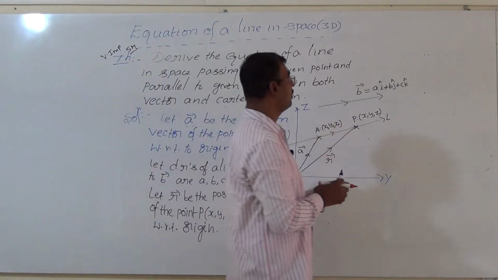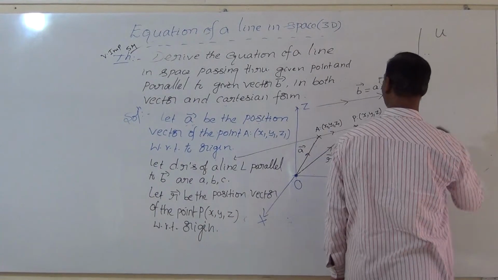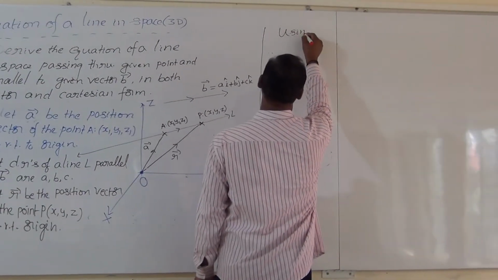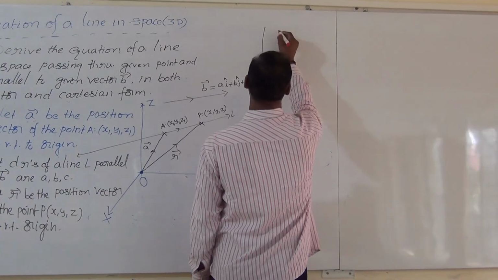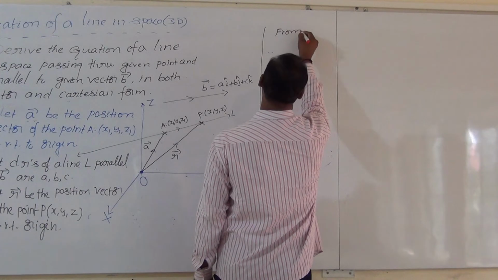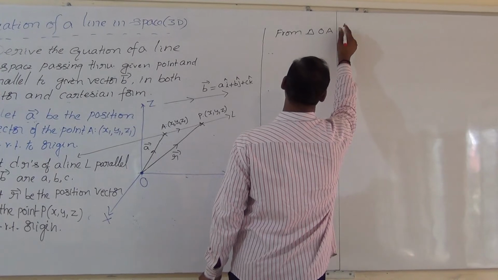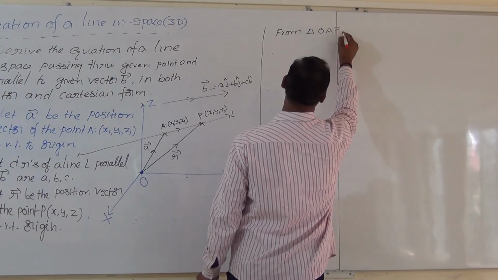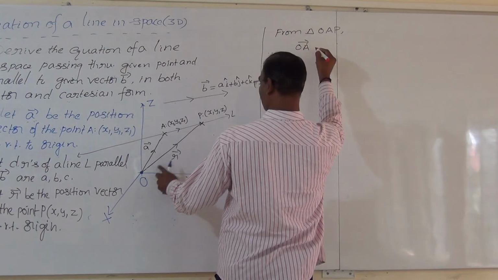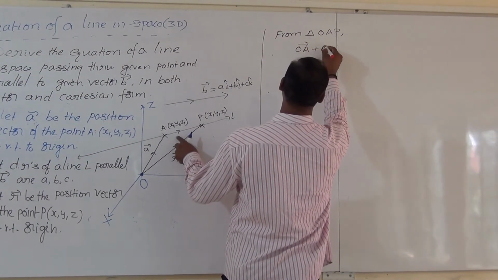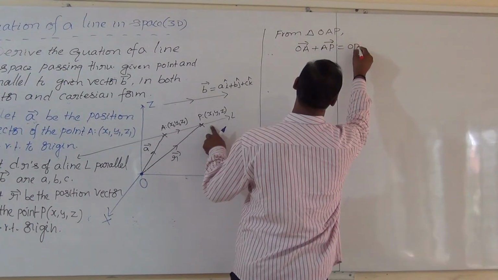So using triangle law, from the triangle OAP, OA bar plus AP bar is equal to OP bar.